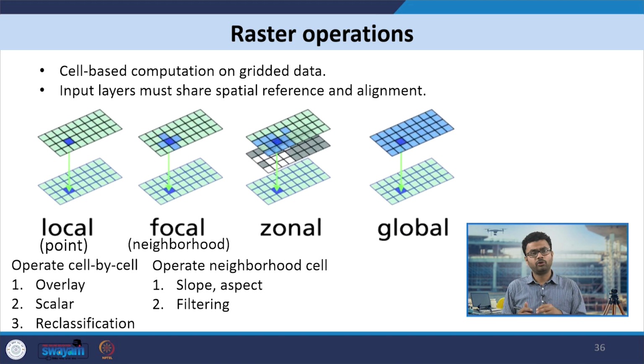Local operations are also known as point operations, while focal operations are also known as neighborhood operations. Local operations operate cell by cell. Examples of local operations are overlay operations, scalar operations, and reclassification operations. Examples of focal operations are slope and aspect calculation, image filtering, or image enhancement.